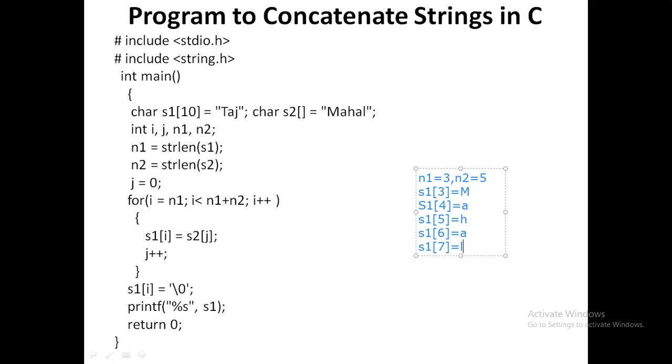At the end of any string, what is the rule we have kept for strings? At the end of any string, I have to keep backslash zero. So I will be keeping backslash zero here. The same thing is implemented in the program which I am showing here.